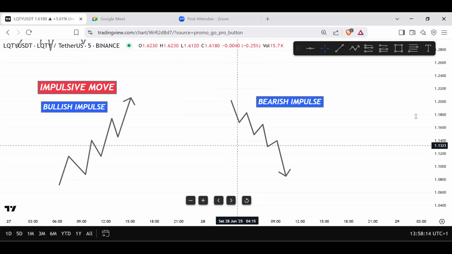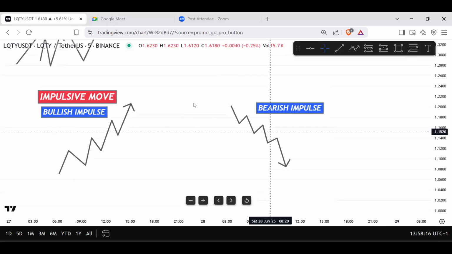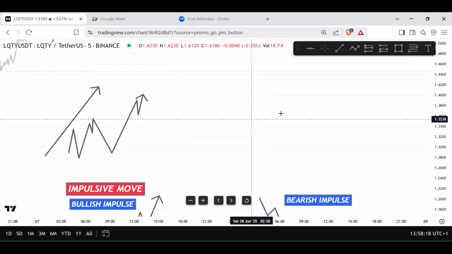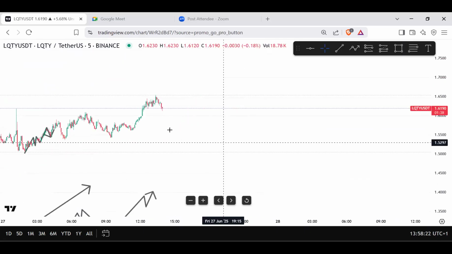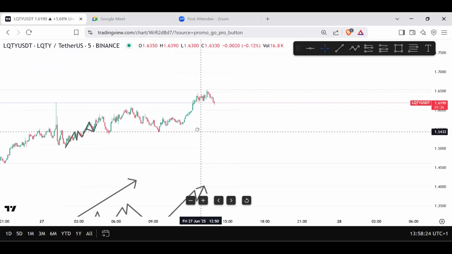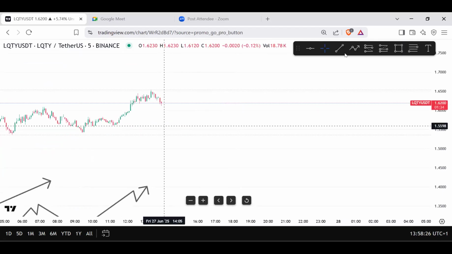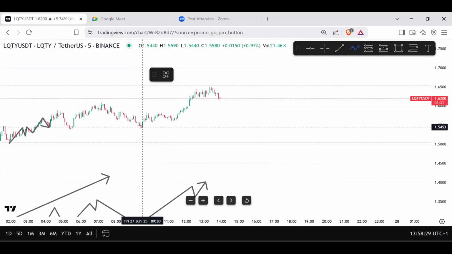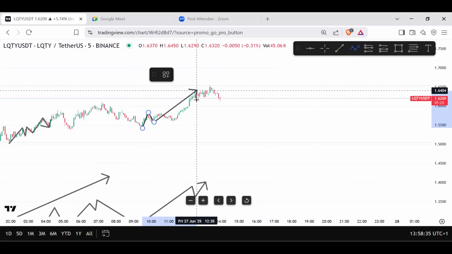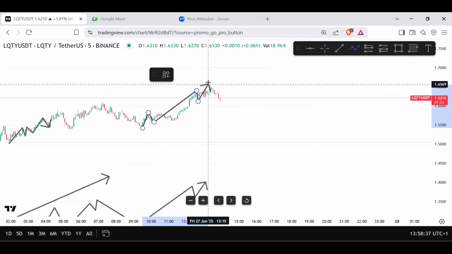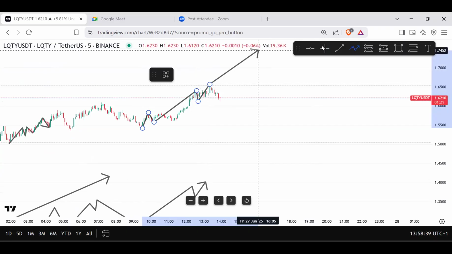Basically, it is from the uptrend or downtrend that we get those impulsive moves. So something like this is an impulse.